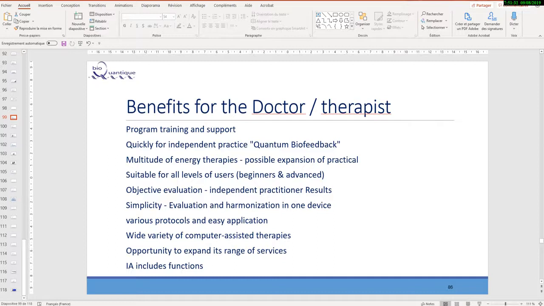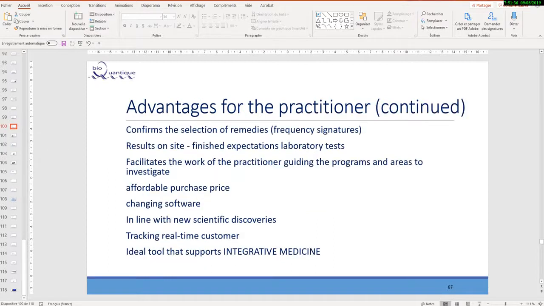There is some artificial intelligence function with the subspace and virtual training. We can have a confirmation of the frequency signature that the person needs. There is a result on site. We do not have to wait for blood tests or any other type of tests. At least we have some indication right away. It facilitates the work of the practitioner.